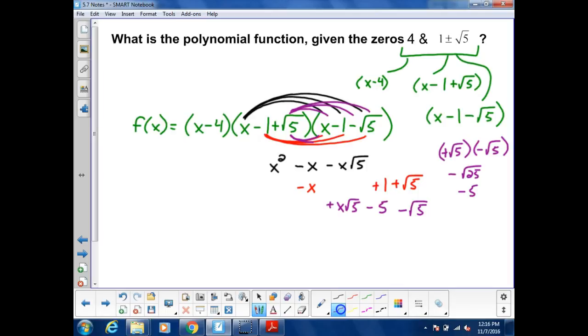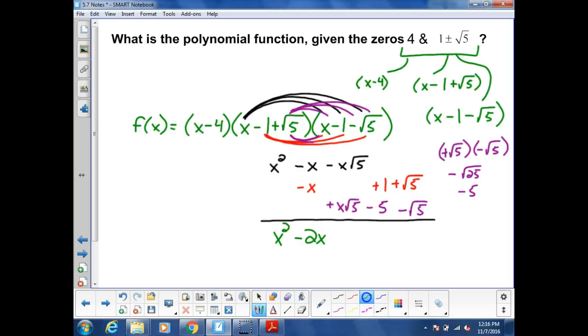Okay? So now I got to add all those together. So I get x squared in this column. Second column I get minus 2x. Third column, it cancels out, we get 0, right?